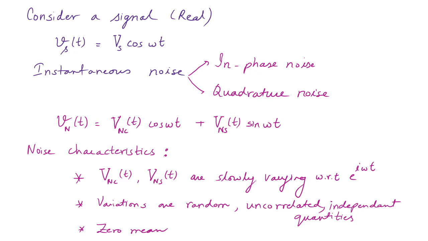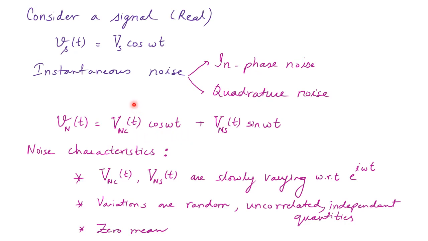Clearly, the noise again is centered at my carrier frequency, which is omega. So for example, you have here V_N of t. The first term here is the in-phase noise. The second term here is the quadrature noise. You can see that it is in phase, because the cosine omega t dependence is precisely the dependence that we have in the signal, hence this is the in-phase noise.